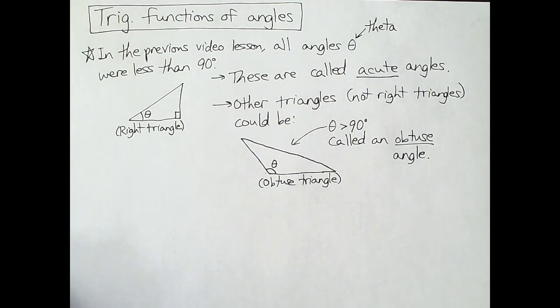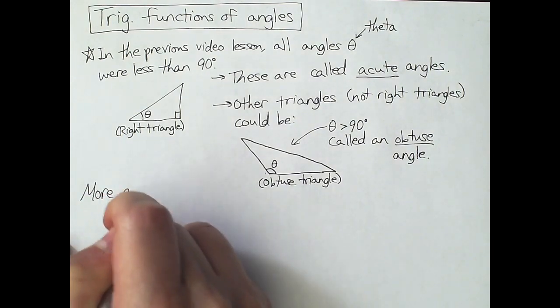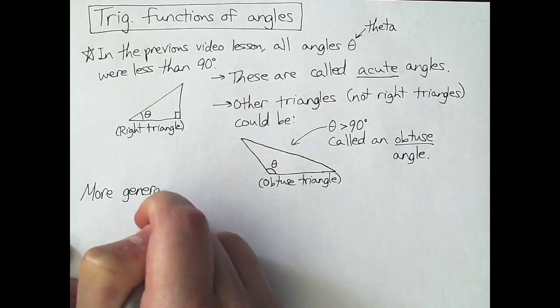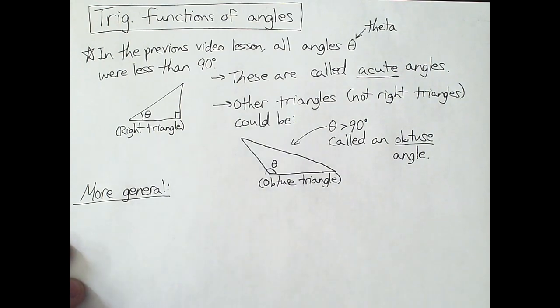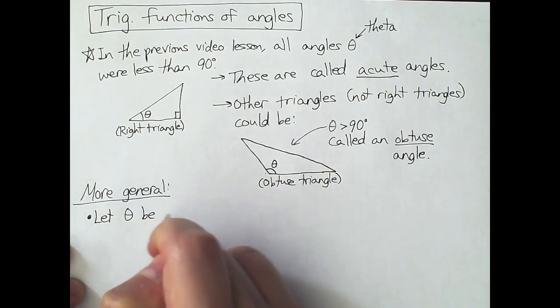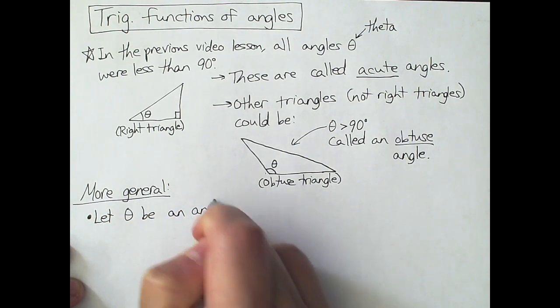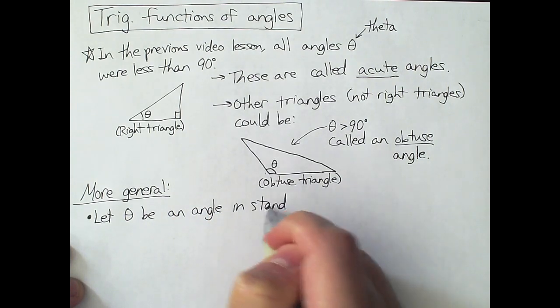Now, let's get more general, and when I say more general, I mean I want to talk about angles not just in the context of triangles, but just angles. So let's let theta be an angle in standard position. We know what that means.